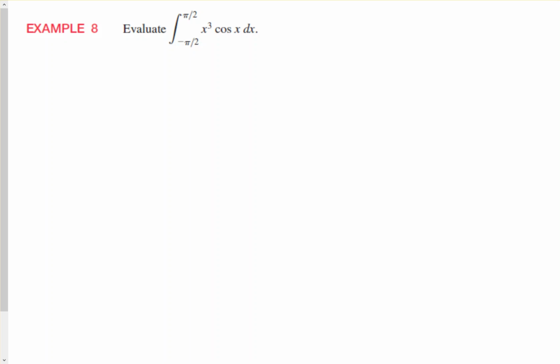But one thing we have to pay attention to is that we have x cubed, which is an odd function, and it's being multiplied by cosine x, and cosine x is an even function. So if you have an odd function times an even function, your end result is an odd function.